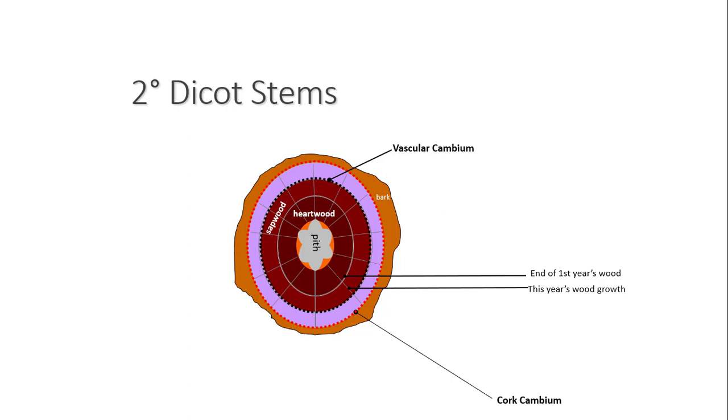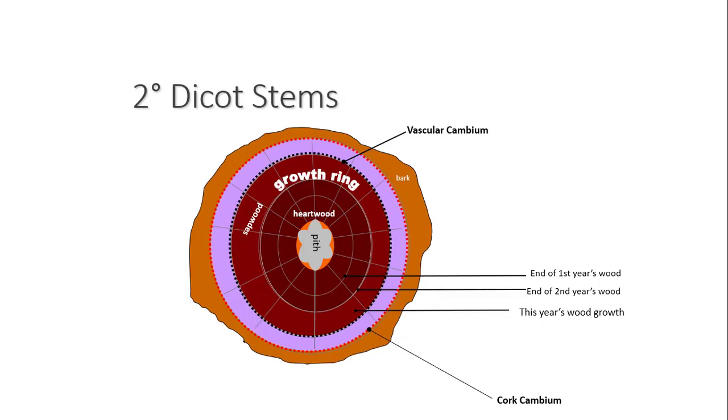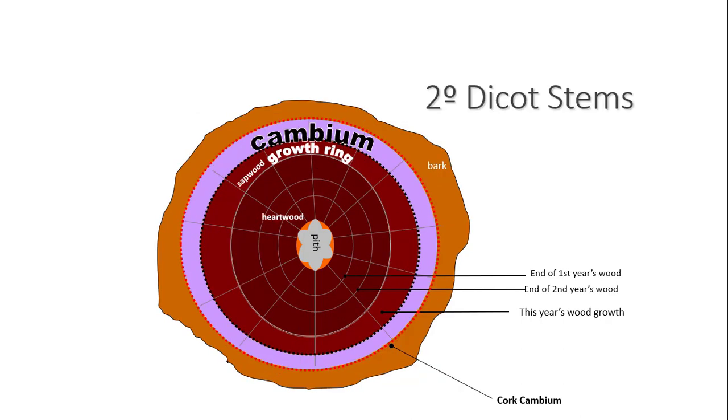And then cork cambium continues to be on the outside. And then vascular cambium once again is on the outside of the new growth, and the cork cambium is outside of that. Here we are again. It just keeps getting bigger and bigger and bigger. That's where you get your growth rings.